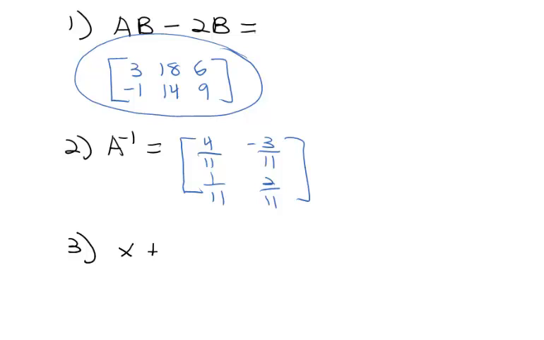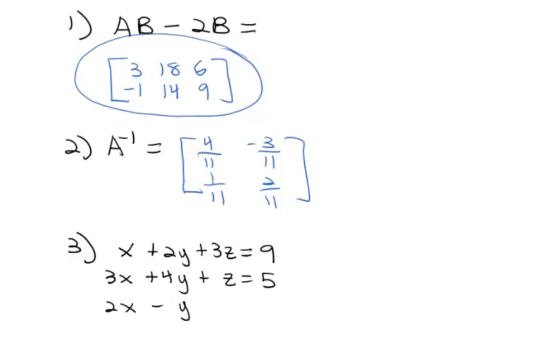Let's solve x plus 2y plus 3z equals 9, 3x plus 4y plus z equals 5, and 2x minus y plus 2z equals 11.